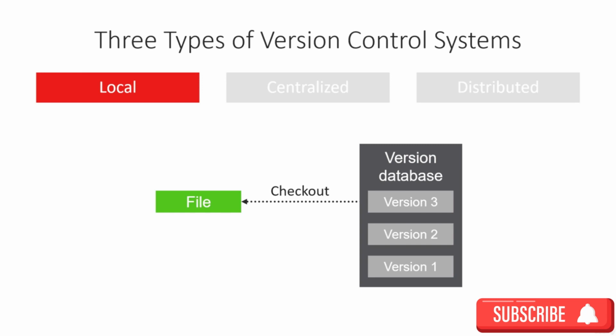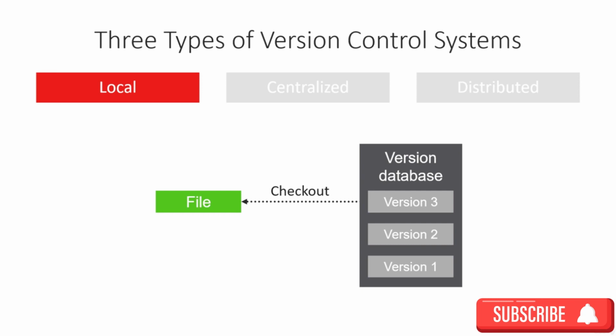Of course, if you have a whole folder structure with multiple files, you get that whole structure for a specific version. In this case here, let's assume we have just a simple file and you can grab it with a specific version from the version database.